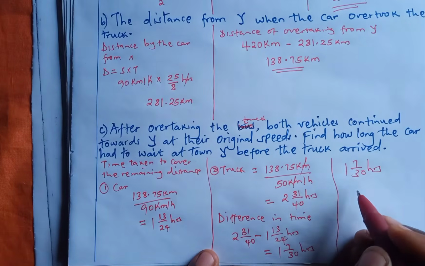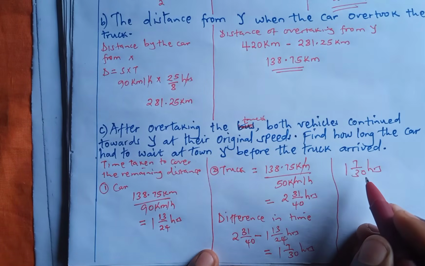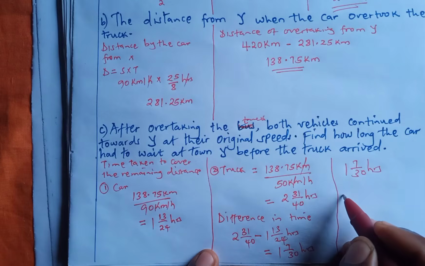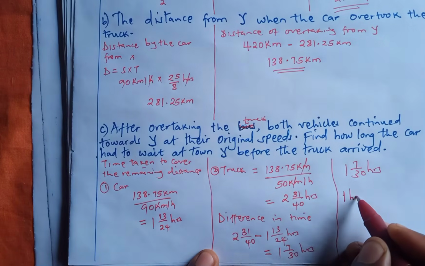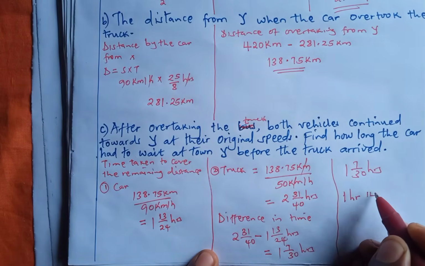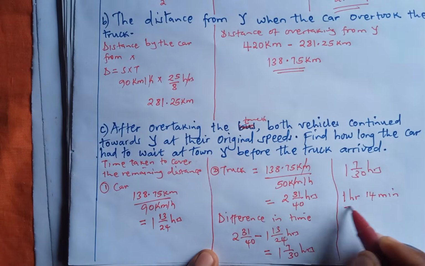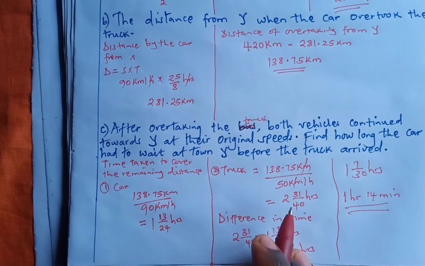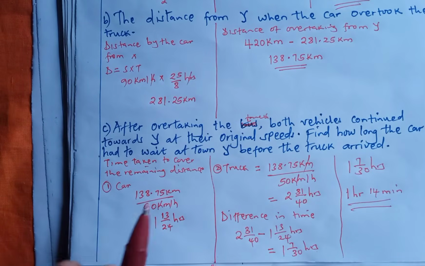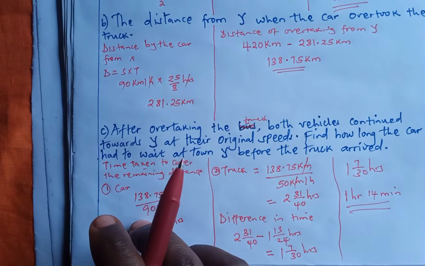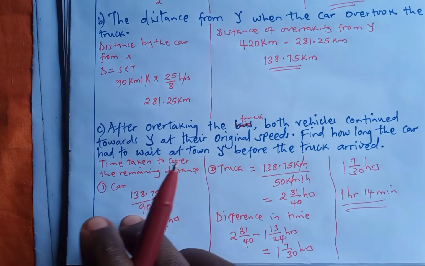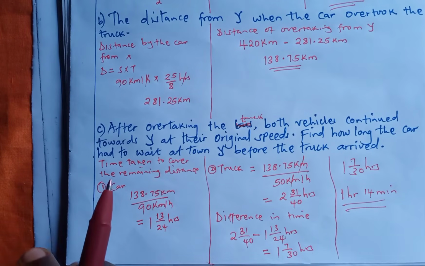And if you convert this properly, we are going to arrive at 1 hour, 14 minutes. So the car had to wait for 1 hour and 14 minutes for the truck to arrive at point Y.